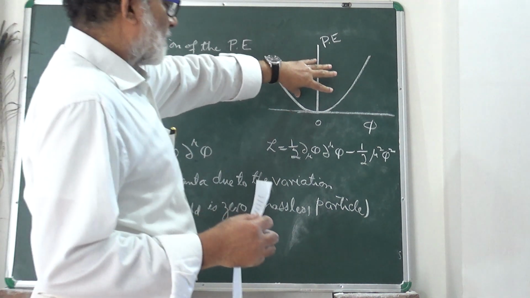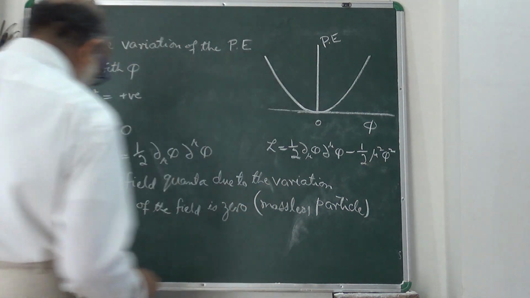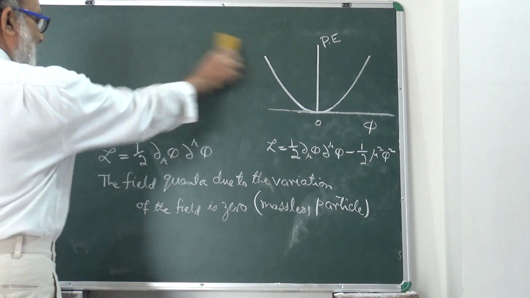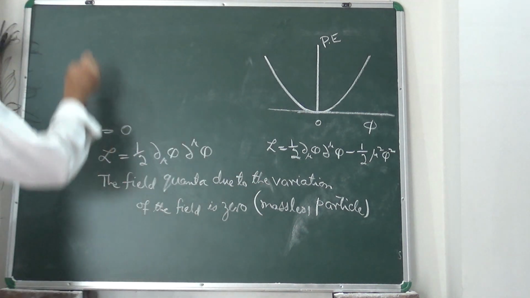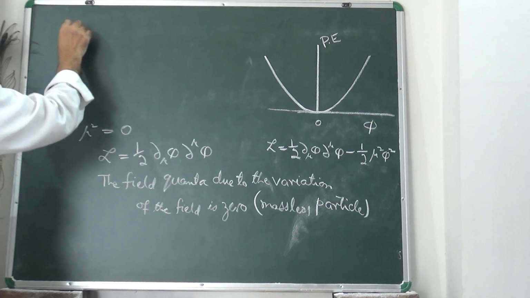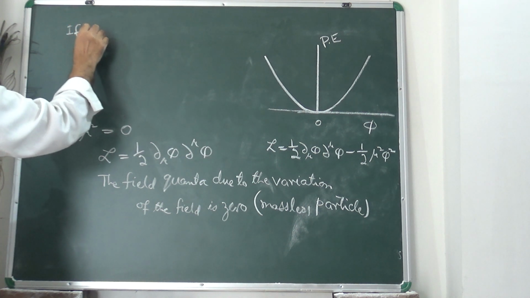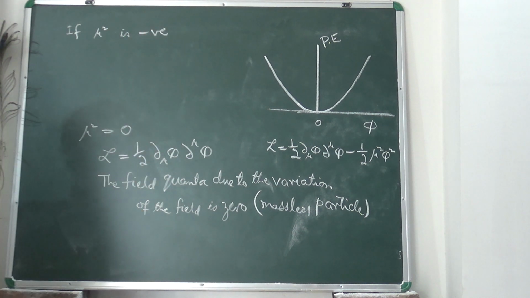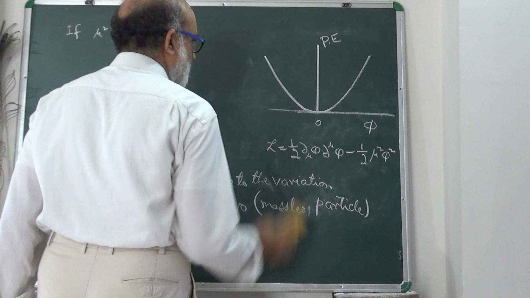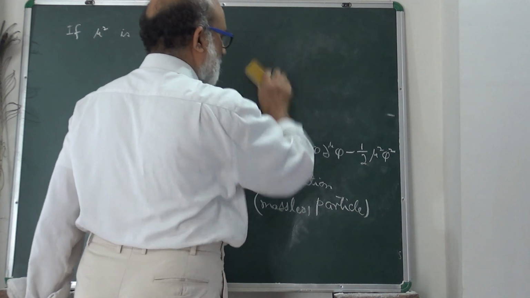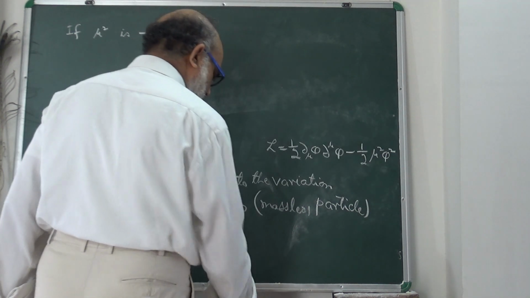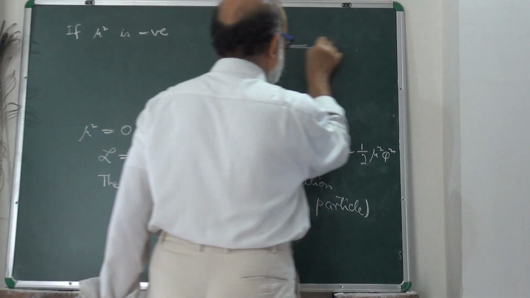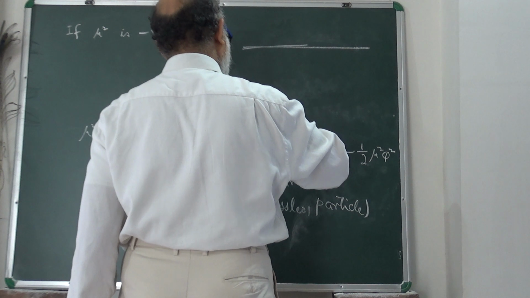The parabola will be inverted. So if we take mu square as negative, the variation of the potential energy with the field value will be like this.